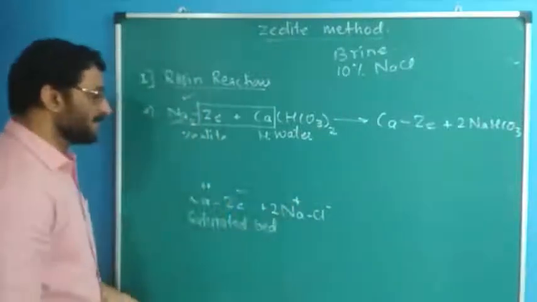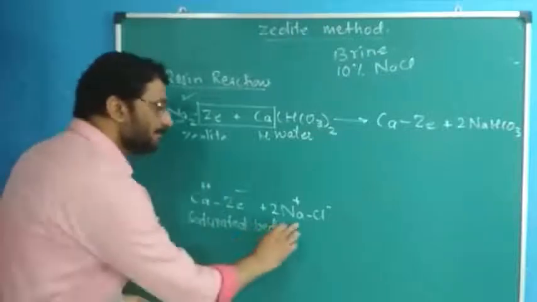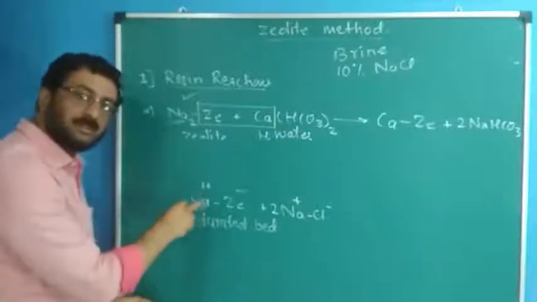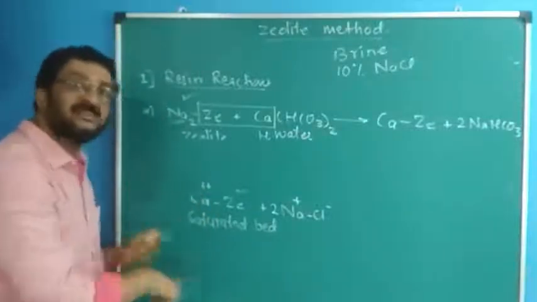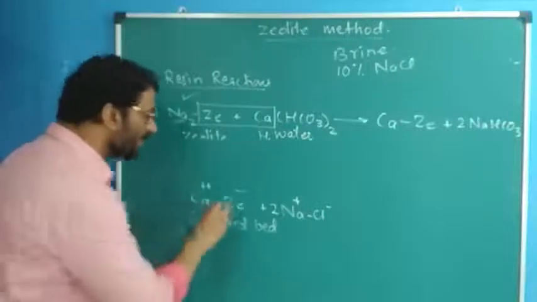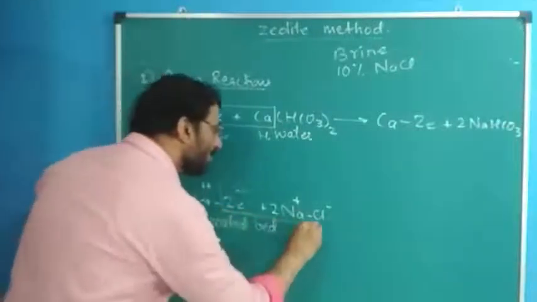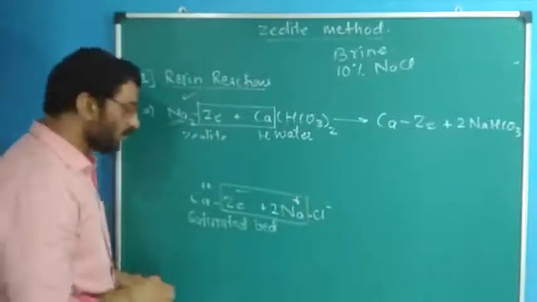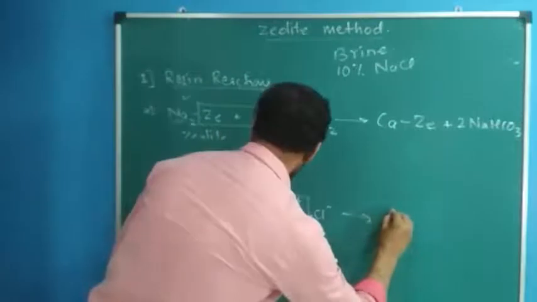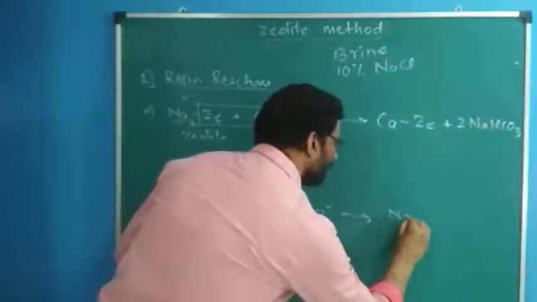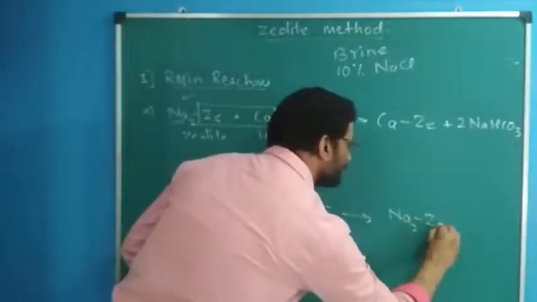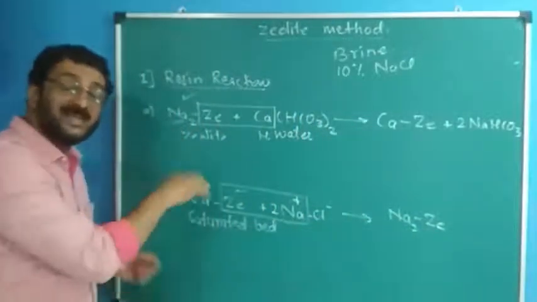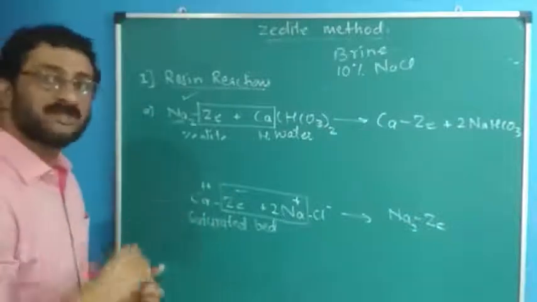Now it is balanced. When you pass brine, that is 10% NaCl, over the exhausted or saturated bed of zeolite, again there is an exchange. This saturated bed of zeolite will trap Na+. What will I get? I will get Na2Zd. This is Na2Zd, that is reactivated. It is ready for further softening.